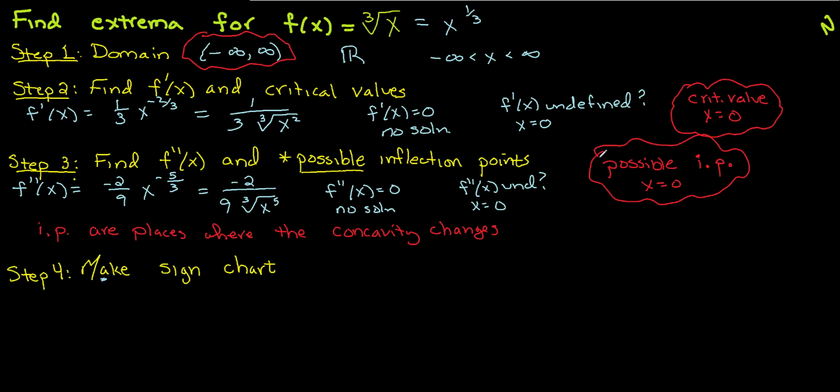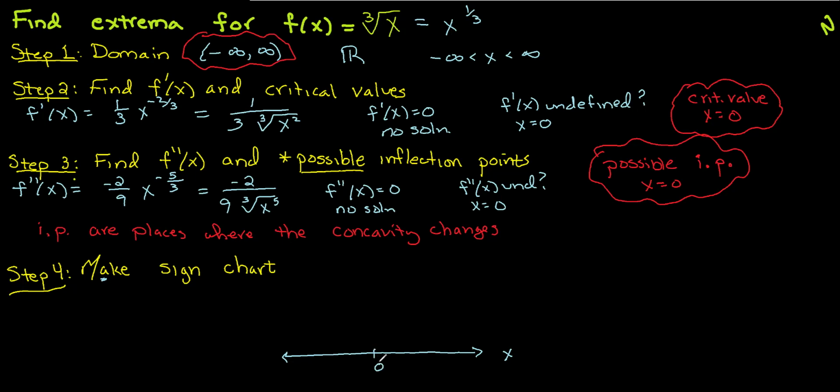Okay, so let's take a look at step 4. This is where we make a sign chart. And for my sign chart, down here at the bottom, I'm going to list x values. And the only interesting x value in town is x equals 0.